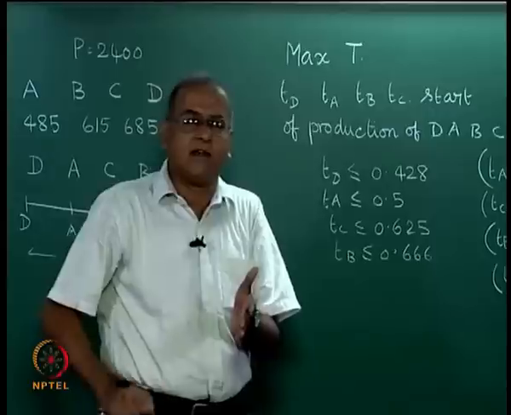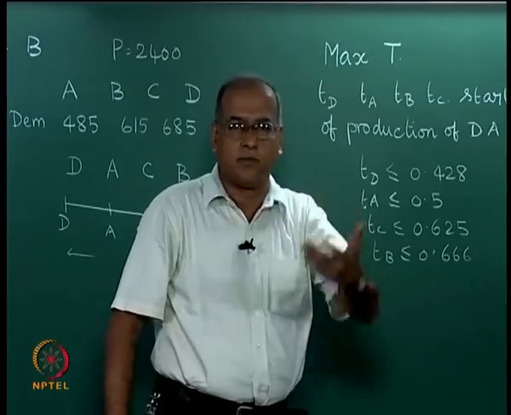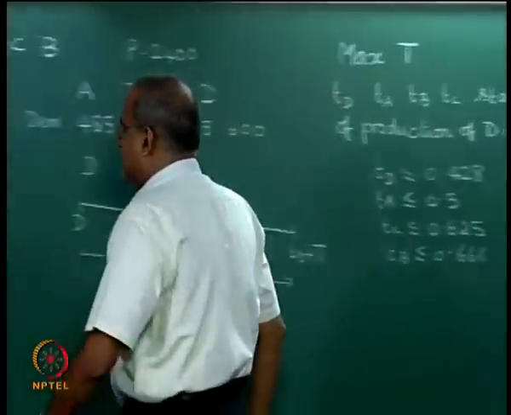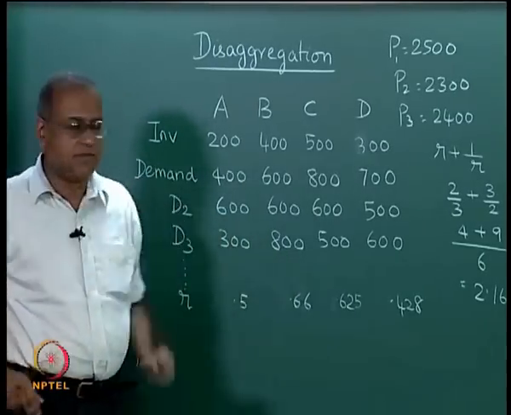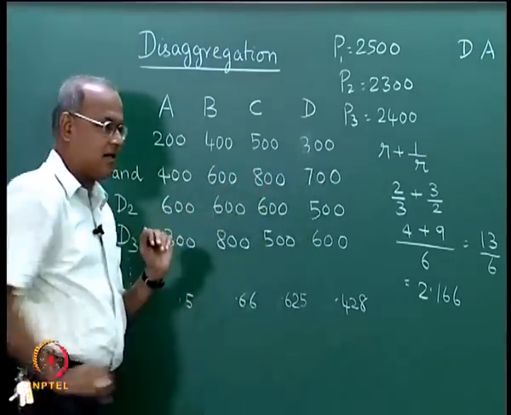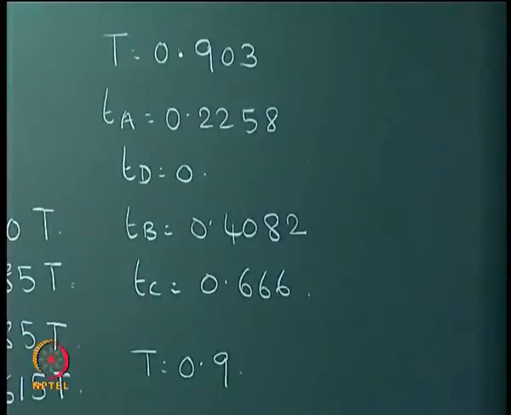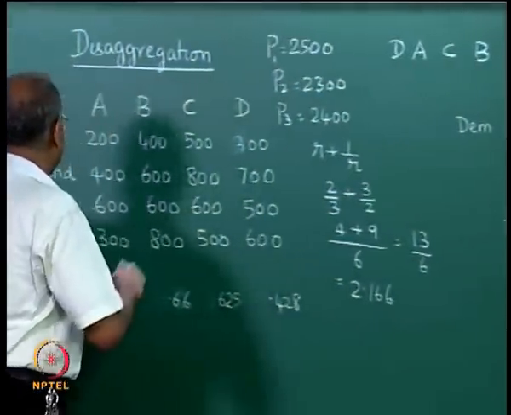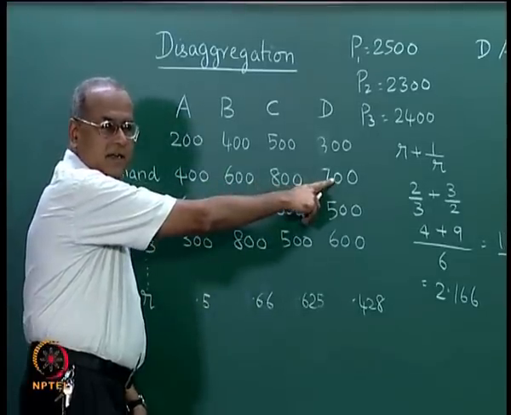Now, at the end of the cycle, we will want to take stock of the inventory positions as well as the demand positions. Now, what can happen is, ordinarily if this demand was deterministic, which means this demand did not change, if this demand remained at 400, 600, 800 and 700, then we would have produced D, A, C, B in a certain way, and we would have consumed exactly 90% of 400, 600, 800 and 700 in this period.